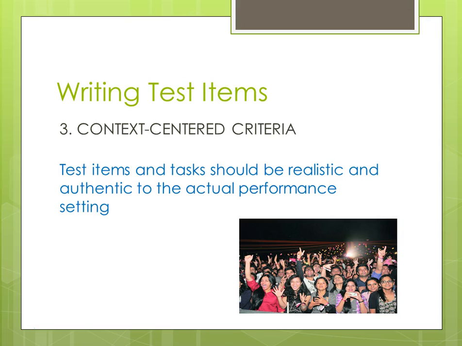The context-centered criteria is related to what is applicable and what is authentic to the performance setting. Is it realistic? Is it authentic? Is what you're going to make the learner do relevant on the job or in the setting? Does the learning environment have the resources needed to actually do what you're saying?